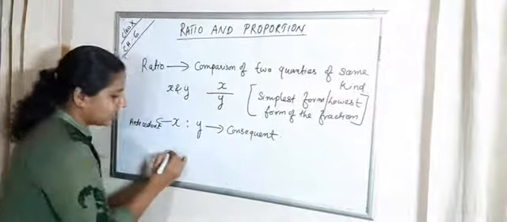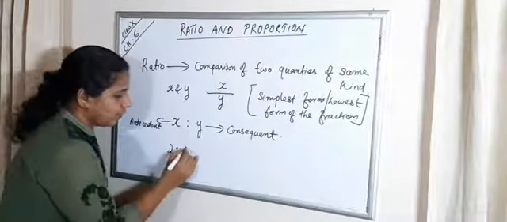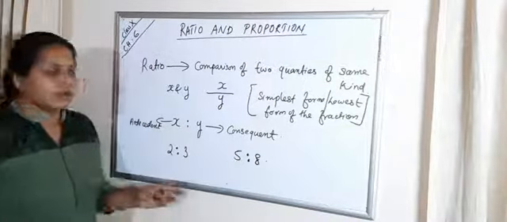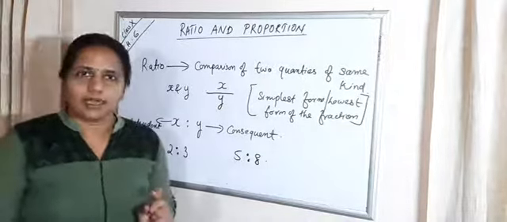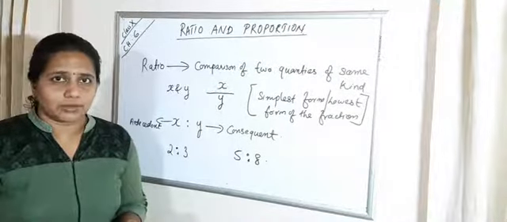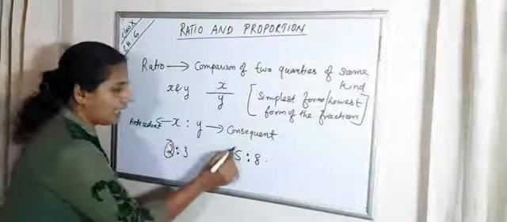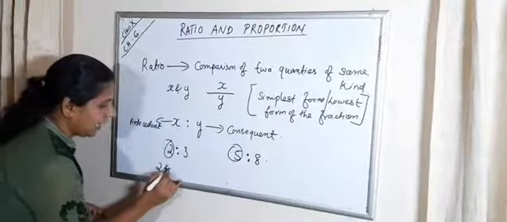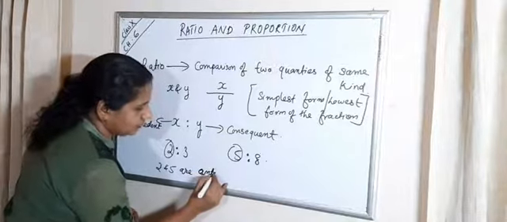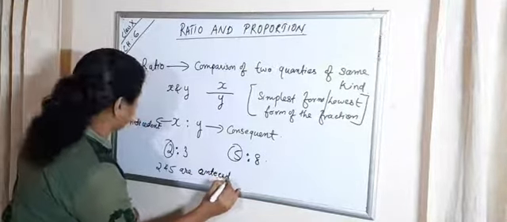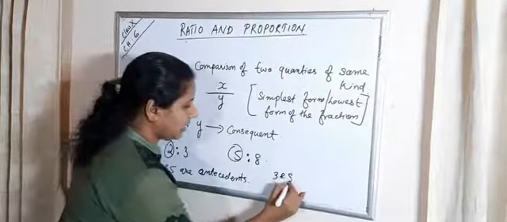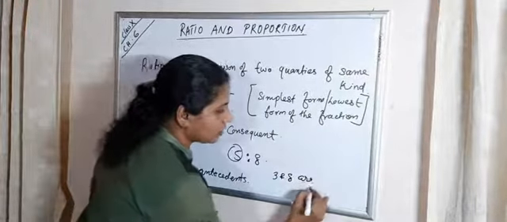For example, 2 is to 3 and 5 is to 8. Now tell me, in these ratios which are antecedents? It is the first term of the ratio, no? So 2 and 5 are antecedents, and 3 and 8 are consequents.